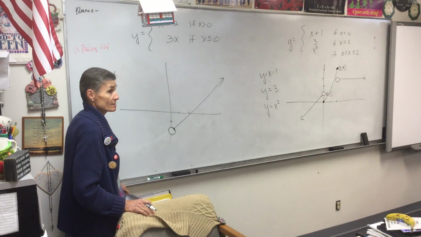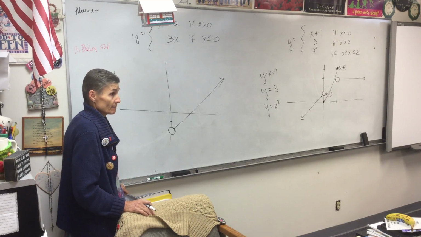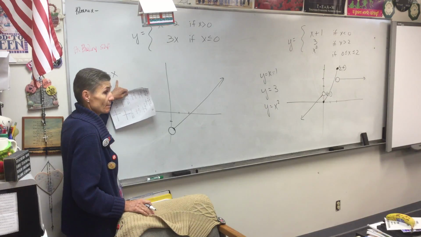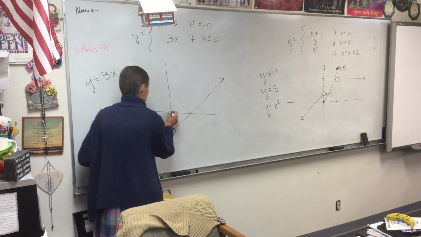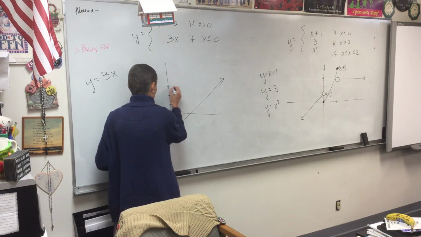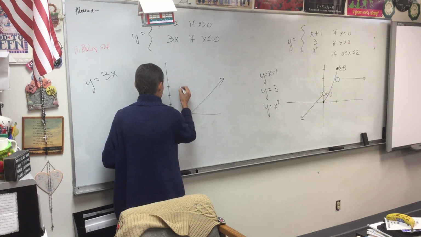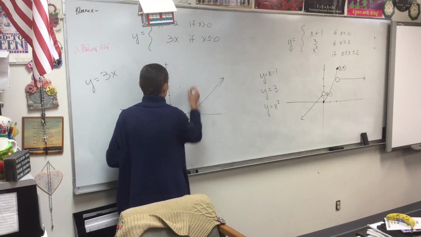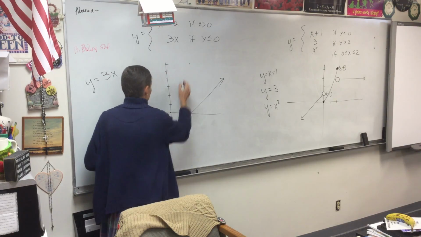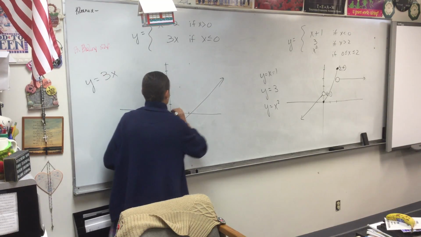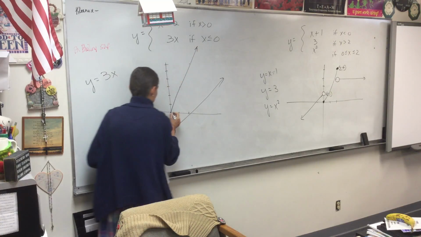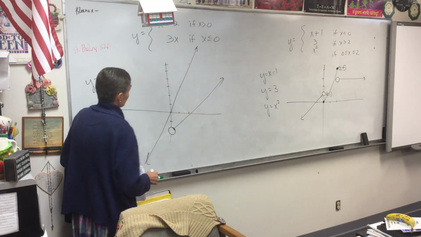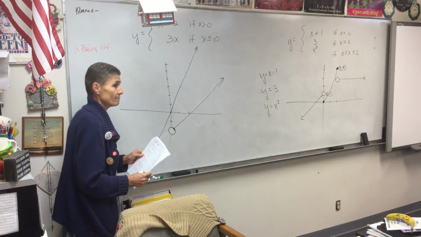Its slope is 3. And what's its y-intercept? 0. So it starts at 0 and has a slope of 3, so that means up 3 over 1. It's supposed to be a straight line.